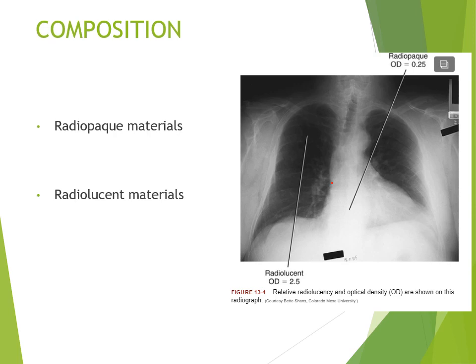Radiopaque materials are those that are going to absorb X-rays. And so radiopaque materials that we can see here on the image in the mediastinum is a great example. Radiolucent materials such as air is something that's going to allow X-rays to transmit through. So composition is going to make an impact on our image as well.